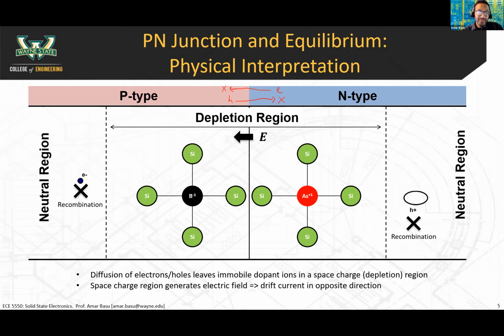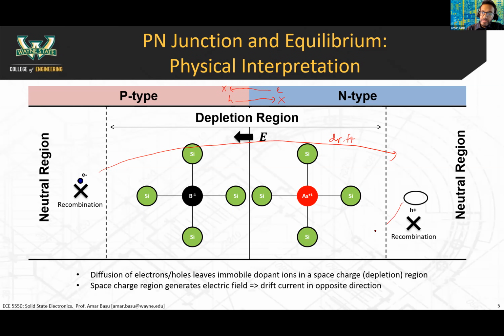All right, so now we have three important carrier processes that we have to think about in the PN junction. Generation is happening too, but we focus on these three processes. So if there's an electric field, then there's going to be some movement of electrons back this way due to drift.